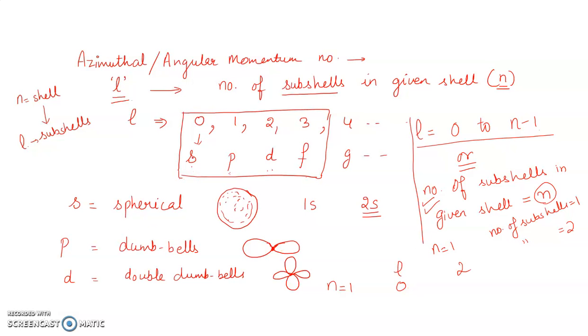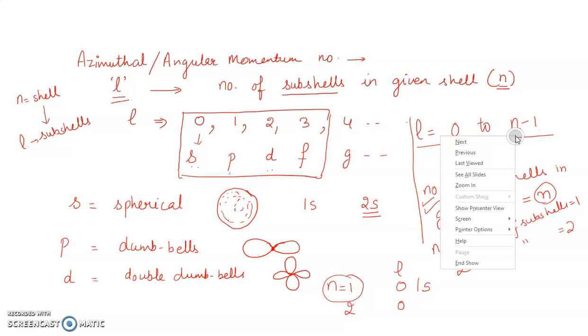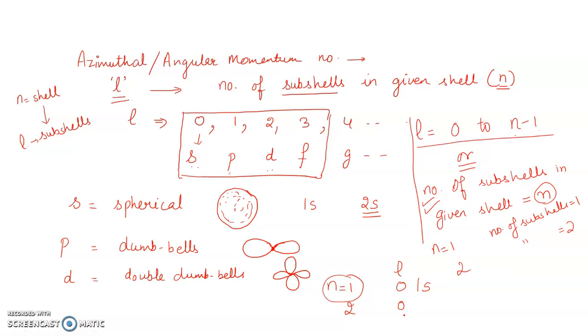So for 0 we say that it is the S subshell, but in which shell is it present? In the first, so we designate this as the 1S subshell. Similarly for n equal to 2, one value will be 0, and what will the next value be? Put n as 2 minus 1, so it is 1. So there are two subshells present.